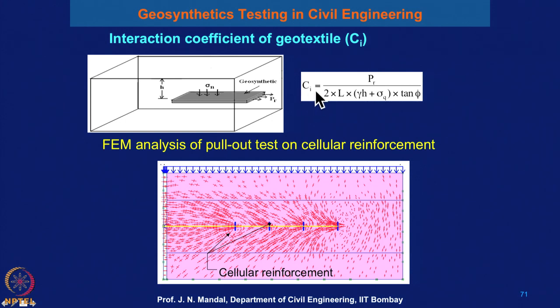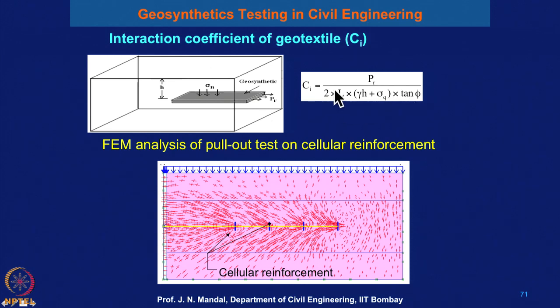That means you know that C_i will be equal to P_R divided by, if this length is equal to L, when you are putting the bond length equal to L, so 2 into L, and the load sigma n is equal to gamma into h. If there is any surcharge, that is sigma q, and that into tan phi, there will be the friction developed.